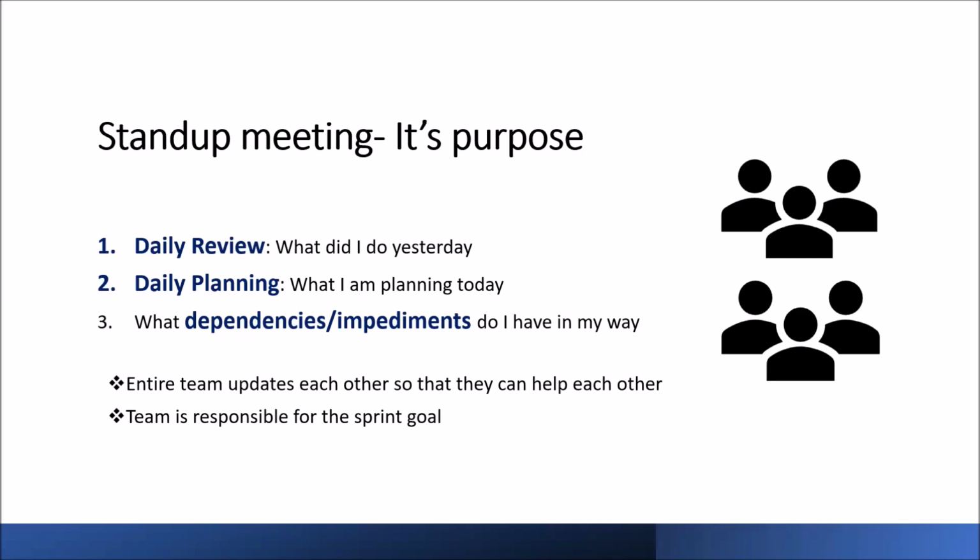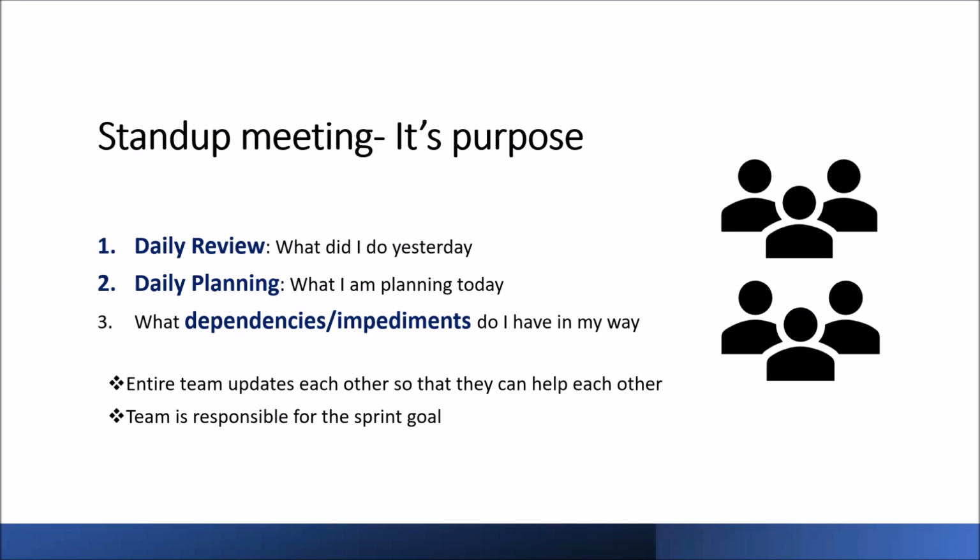We have a sprint review at the end of every sprint, whereas this is a daily review for work completed the last day. Similarly, we have sprint planning at the beginning of every sprint, but we have daily planning as part of our stand-up meeting.